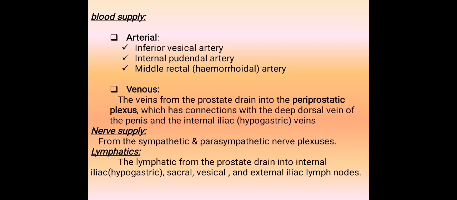The prostate has sympathetic and parasympathetic nerve plexuses, and lymphatics from the prostate drain into the internal iliac, which is the hypogastric lymph nodes, to the sacral, to the vesical, and to the external iliac lymph nodes.